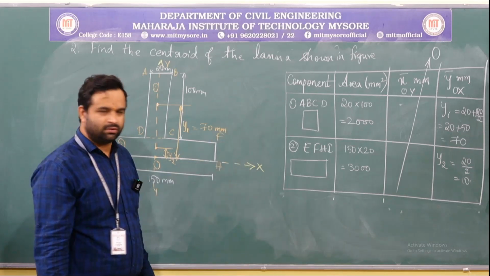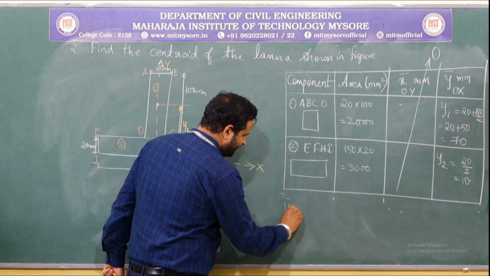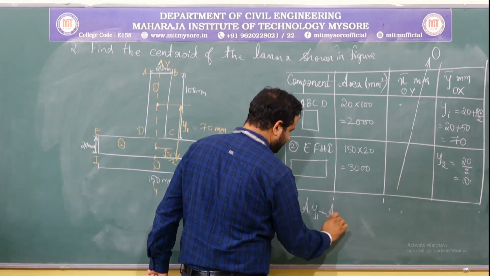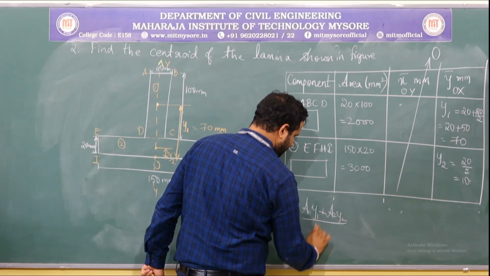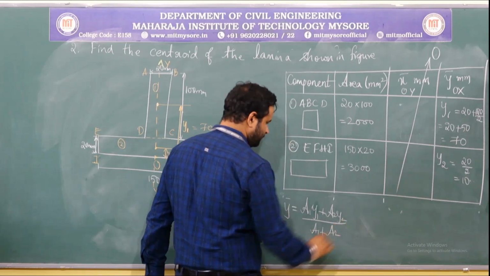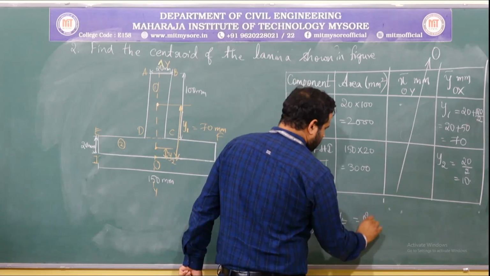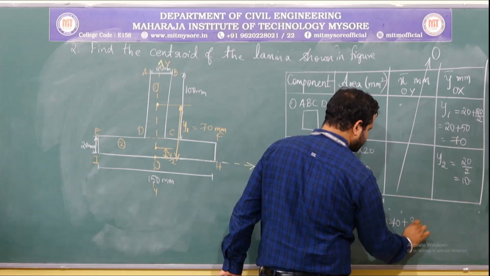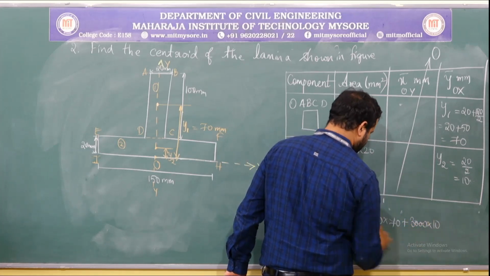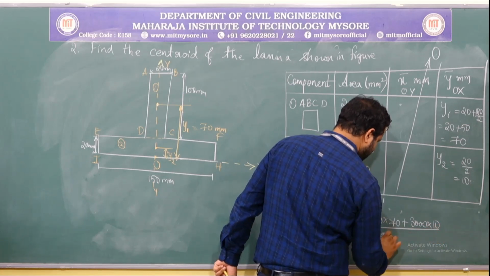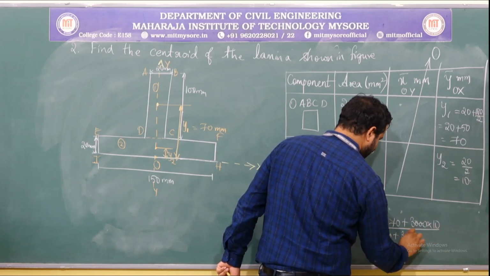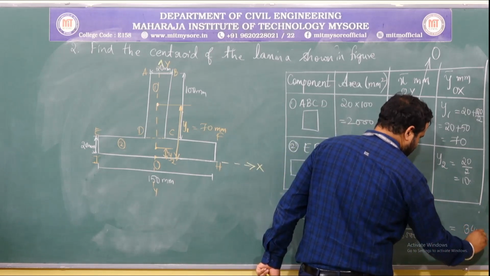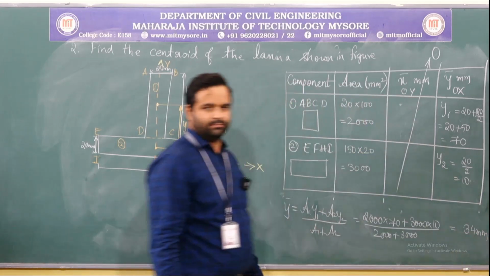Since x bar is 0, just calculate the y bar using the formula a1 y1 plus a2 y2 divided by a1 plus a2, which is equal to 2000 into 70 plus 3000 into 10 divided by 2000 plus 3000, and this works out to be 34 mm.